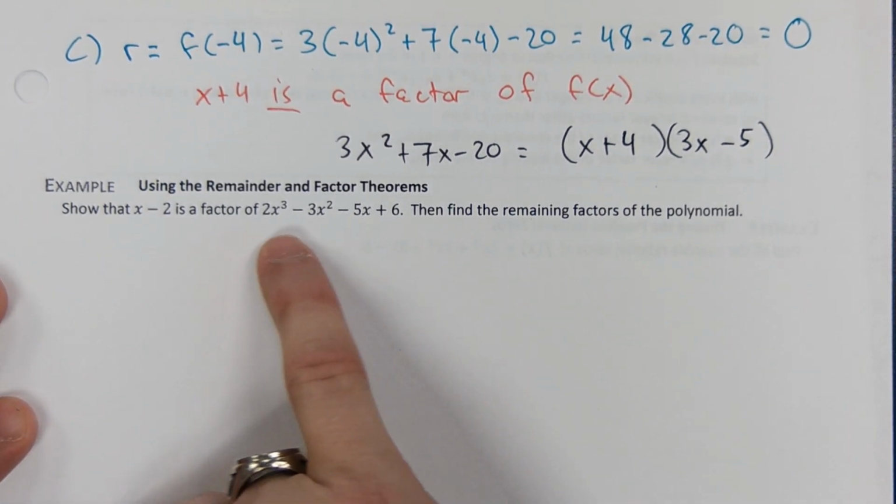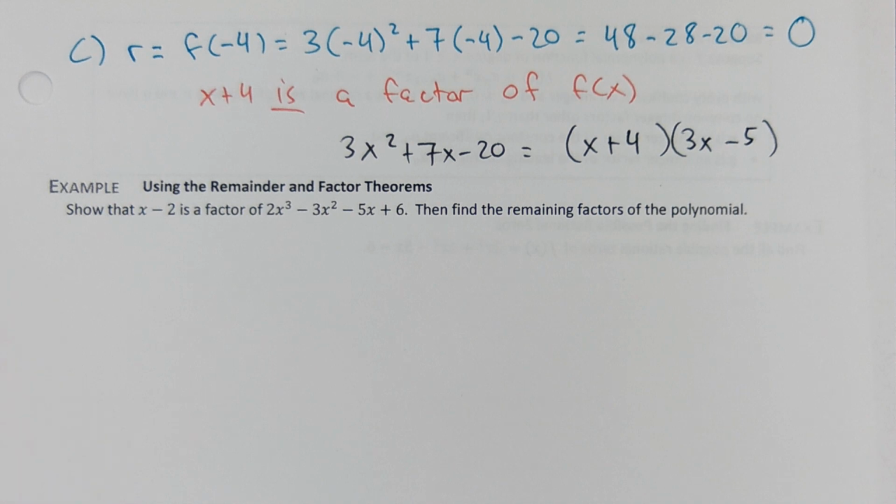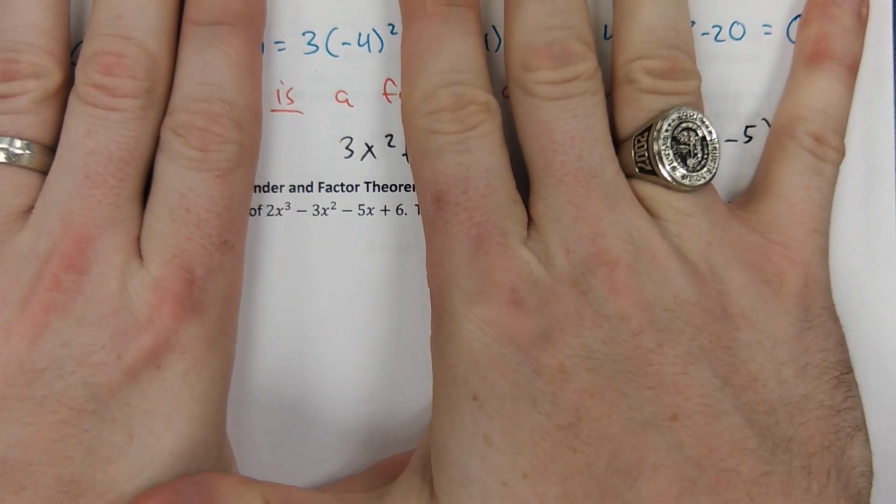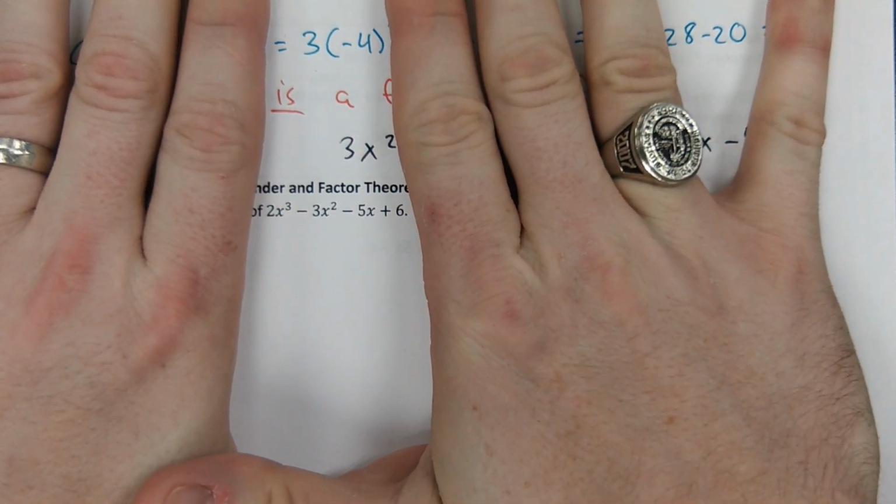Here is a third-degree polynomial. It's got 4 terms. As of right now, the only method you have for factoring something with 4 terms is grouping, right? If I said to factor this, you would try grouping.